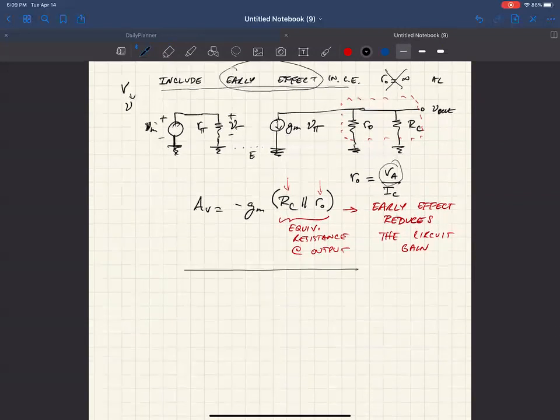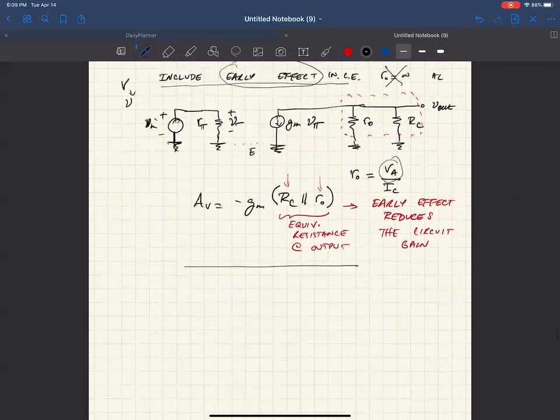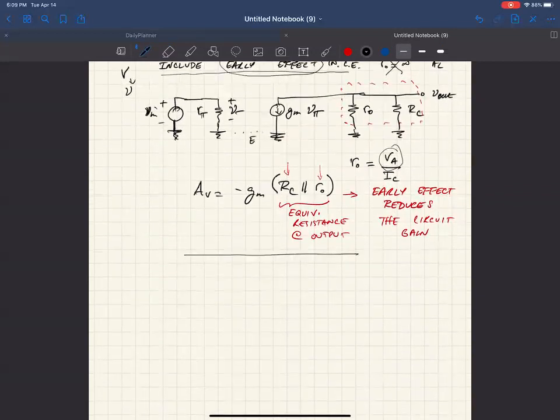Okay, so now let's look at something that's actually an interview question that I got on one of my first interviews, which is, well, what happens if you just take the common emitter amp, with your input of 800 millivolts, and you just completely replace the resistor with an ideal current source.